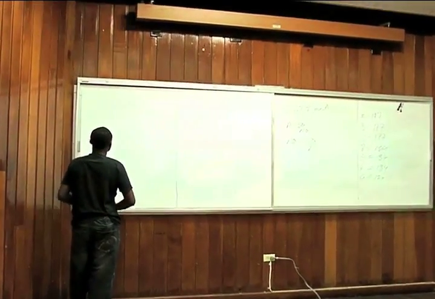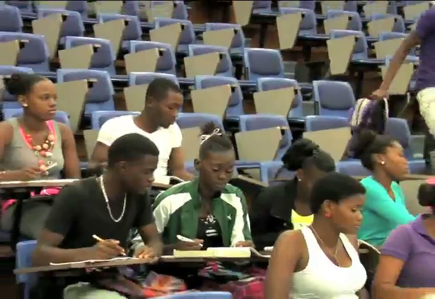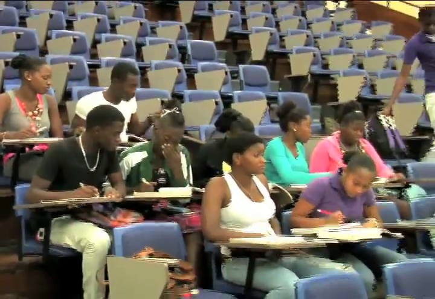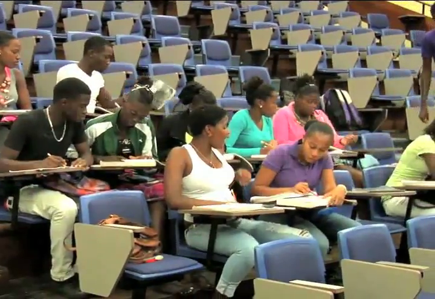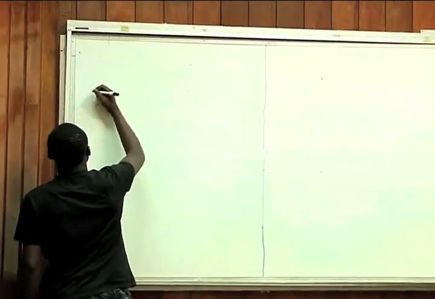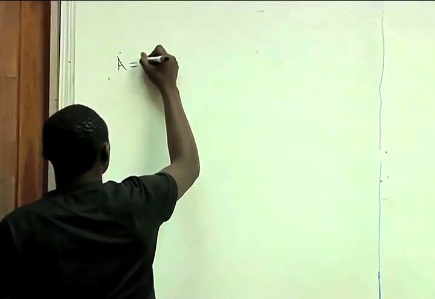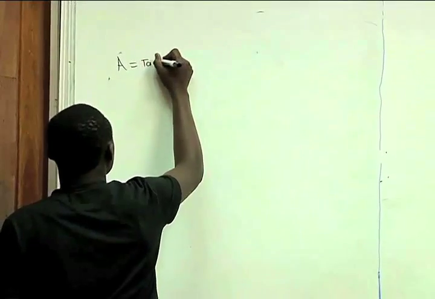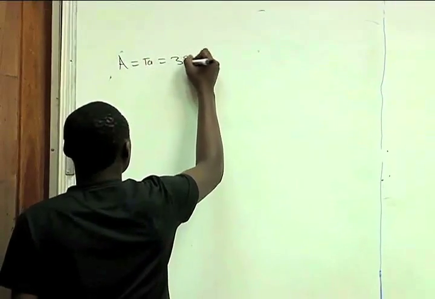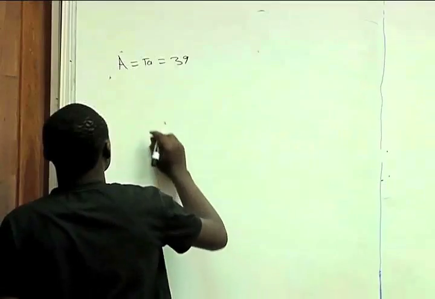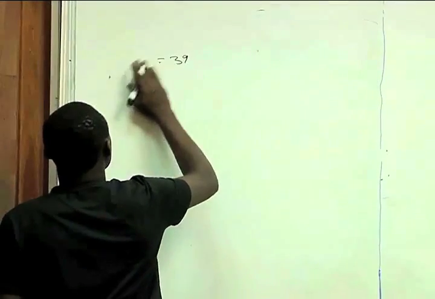The average age of teachers in the school is 39. So you just write down that same thing: AT, the average age of teachers, equals 39. Remember, mathematics is a language.